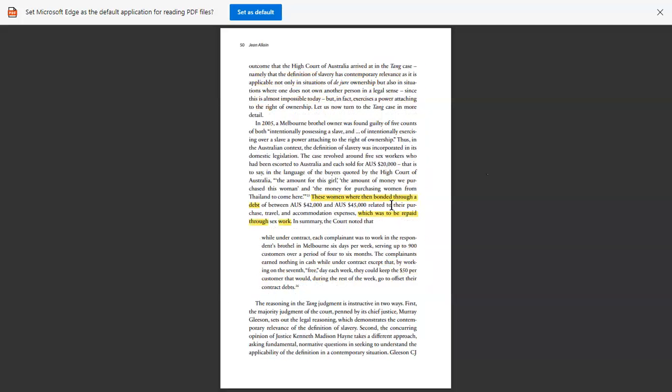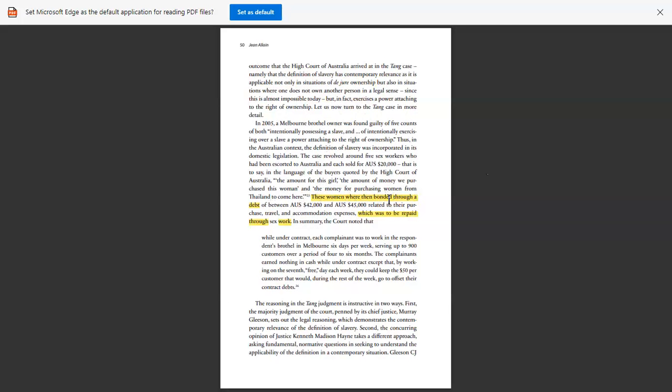So, women were bonded through a debt. This was the particular case back in Tang, but you can take a look at this. These women were bonded through a debt by their captors, who gave them a particular amount that they supposedly owed.